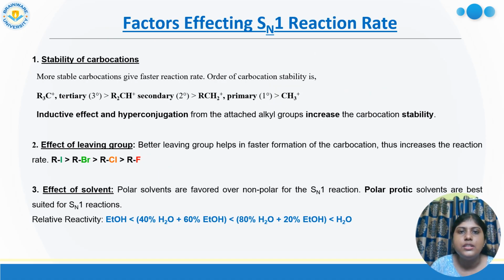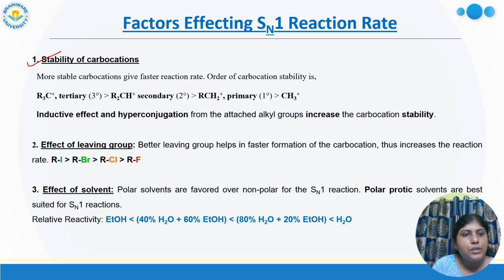Next, factors affecting SN1 reaction rate. First point is stability of carbocations. As you have seen, in the first step there was the formation of carbocation. The leaving group is removed from the substrate, so the formation of carbocation.